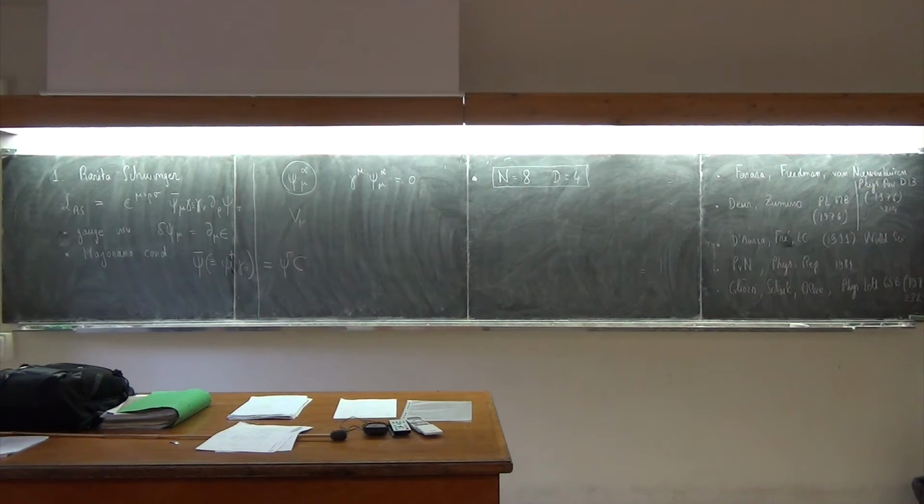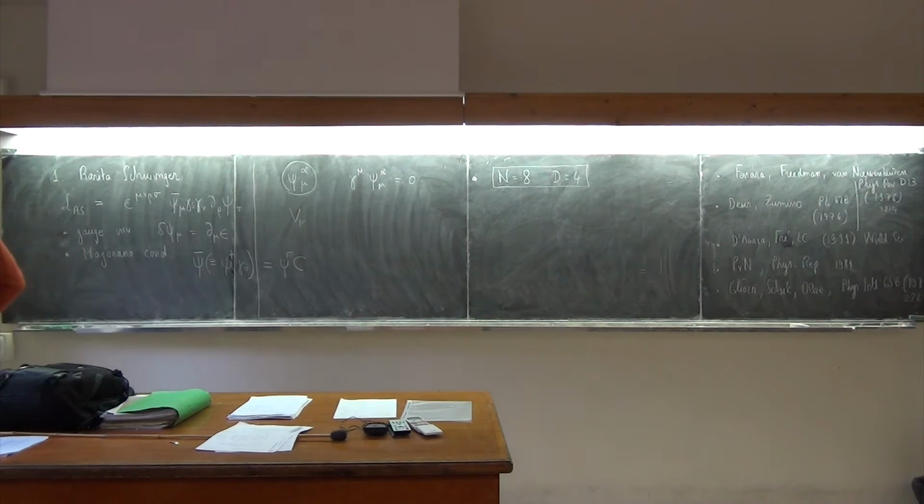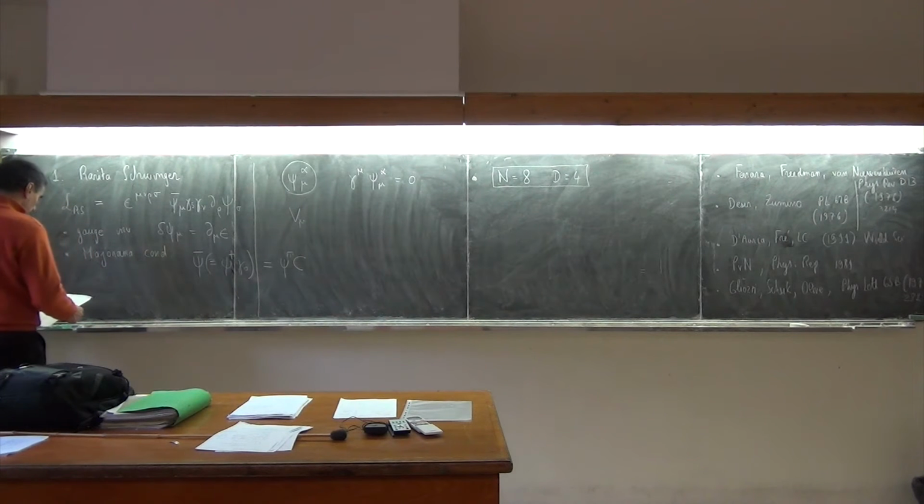This is the Majorana condition that I will use, in fact, to have something that resembles a real quantity instead of a complex quantity. It reduces the degrees of freedom by factor 1/2 of the general Dirac spinor in 4 dimensions. Okay, these are the rules of the game.